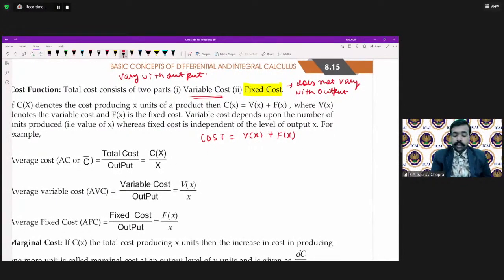Similarly, we can talk about the average cost. What is the average cost? Average cost means the total cost divided by the output, or the quantity. So the cost function can be denoted as C(x). Average cost means the cost function divided by quantity of output, which is x. Quantity of output is x.